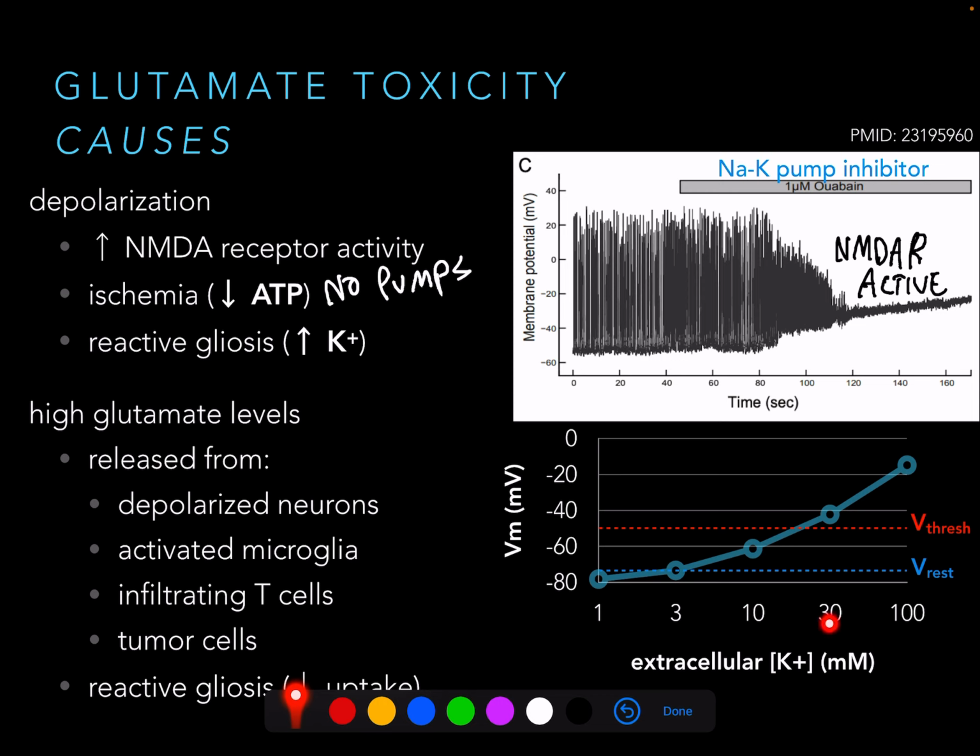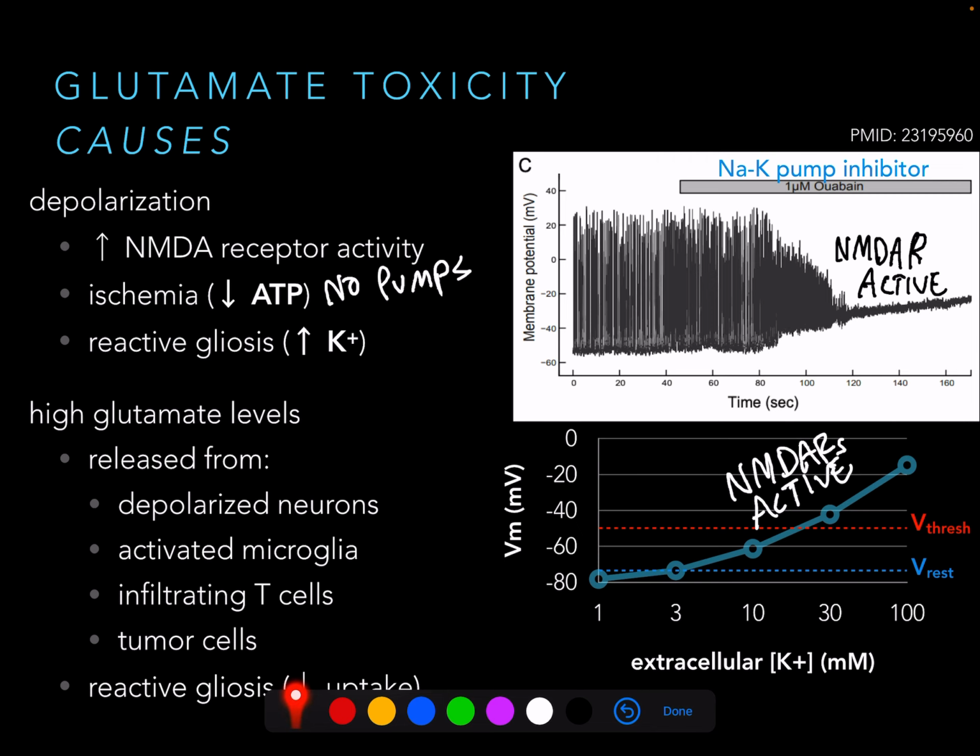So this isn't just something that will happen in the lab. This occurs in pathological states. Those depolarized neurons, same story as up here. Now we're removing that magnesium block, and now my NMDA receptors can be active, leading to glutamate toxicity.